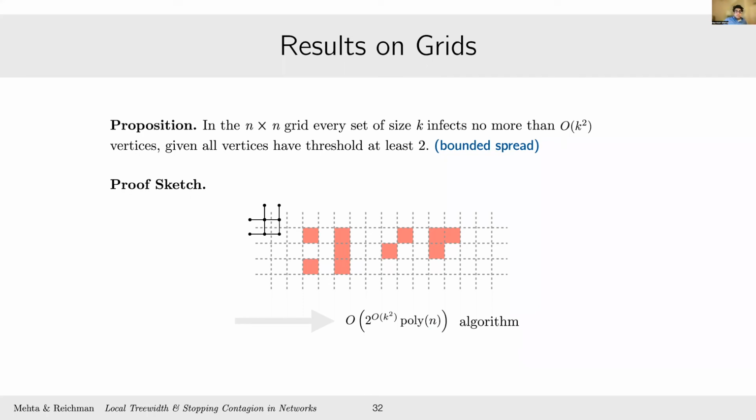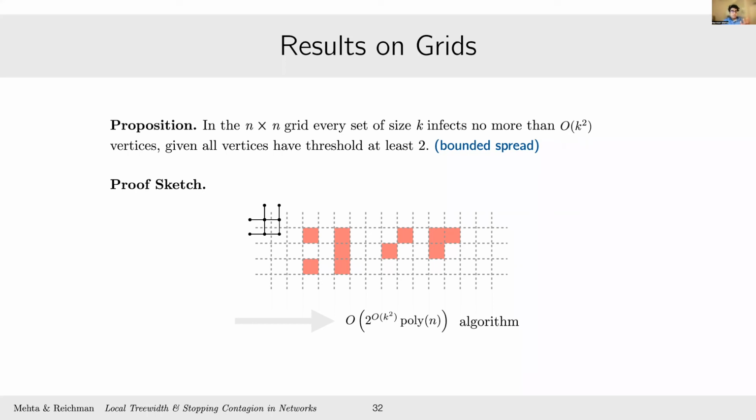What you'll notice is that the perimeter of the infected region is not increasing. You can prove this is true in general, which means that from our set of size k, which has perimeter at most 4k, the infected set that we get also has perimeter of size at most 4k. This accommodates at most O(k^2) infected vertices, which concludes our proof.